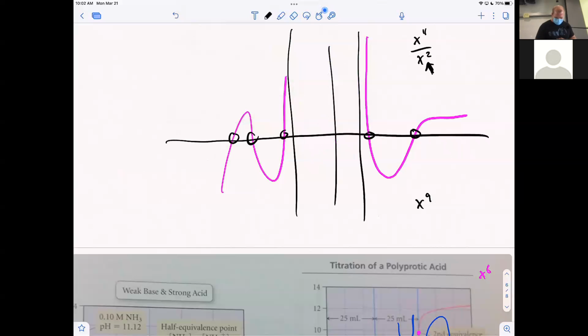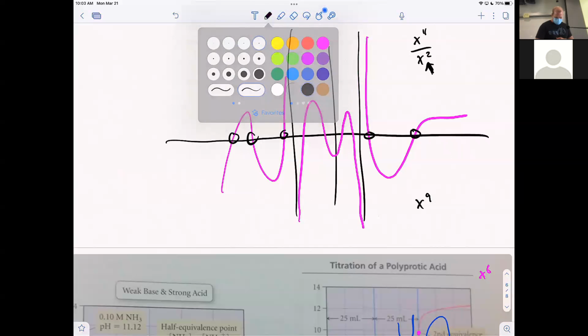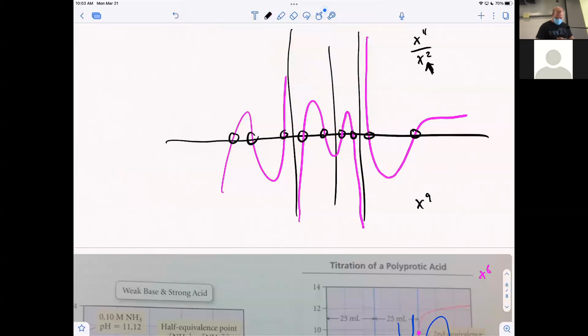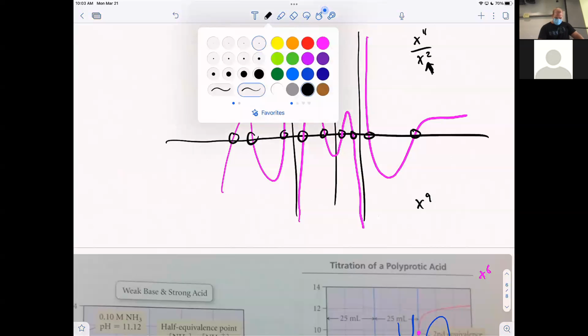So this one it would then go here. Is that the right number of roots? Yeah, right number of roots. Okay, and then I'll do red.